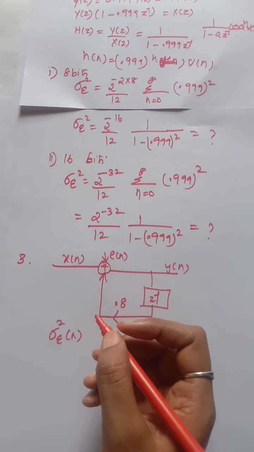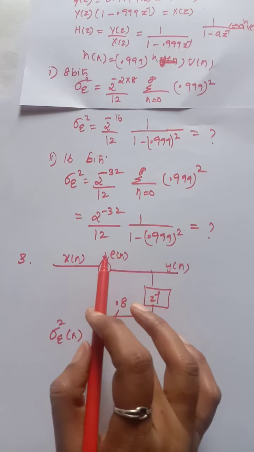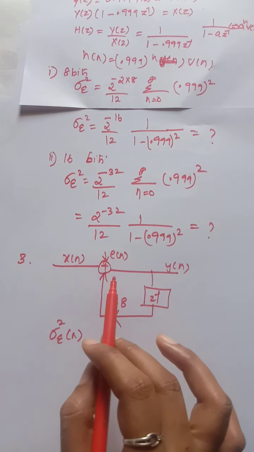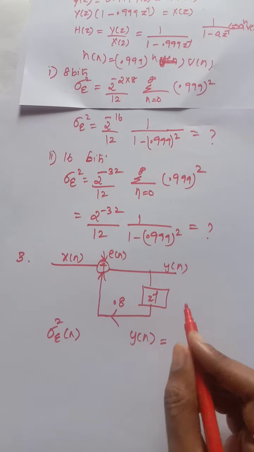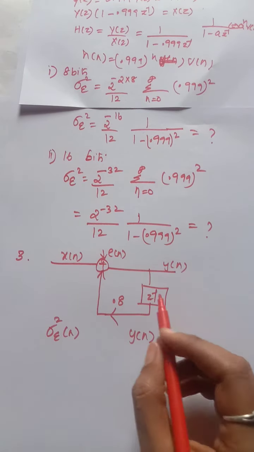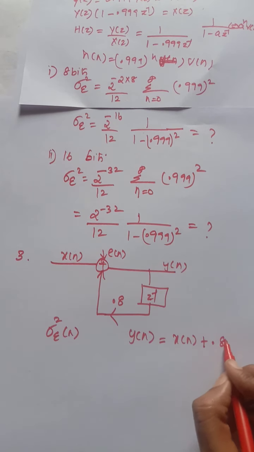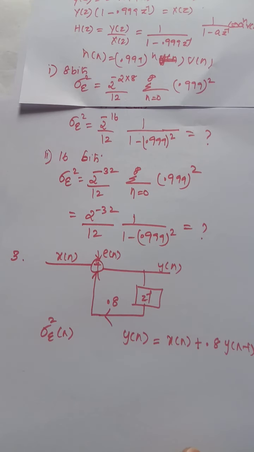Listen, don't confuse it with e of n: e of n is the noise introduced due to the quantization effect. So first write down the y of n equation. What you will get is y of n equals x of n plus 0.8 y of n minus 1. Then you know how to proceed, right?